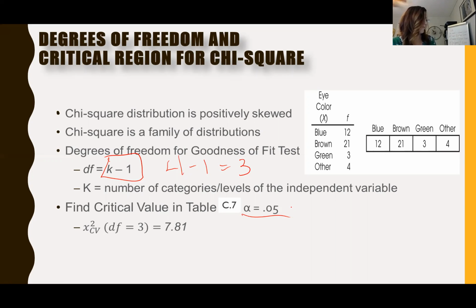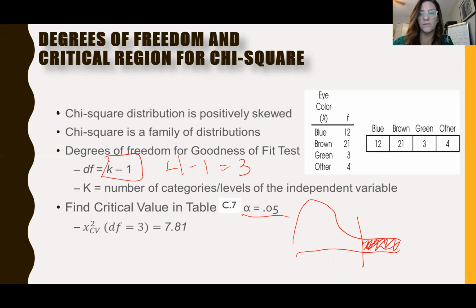So for a level of significance of 0.05, it's 7.81. So our test is going to be significant if our test statistic falls beyond 7.81. This is our critical value, 7.81. So anything beyond that is significant.